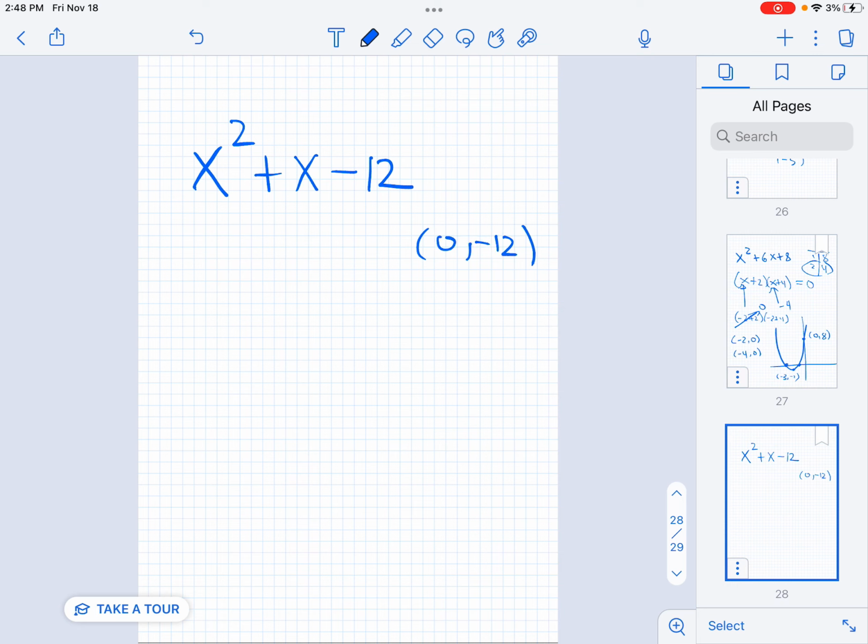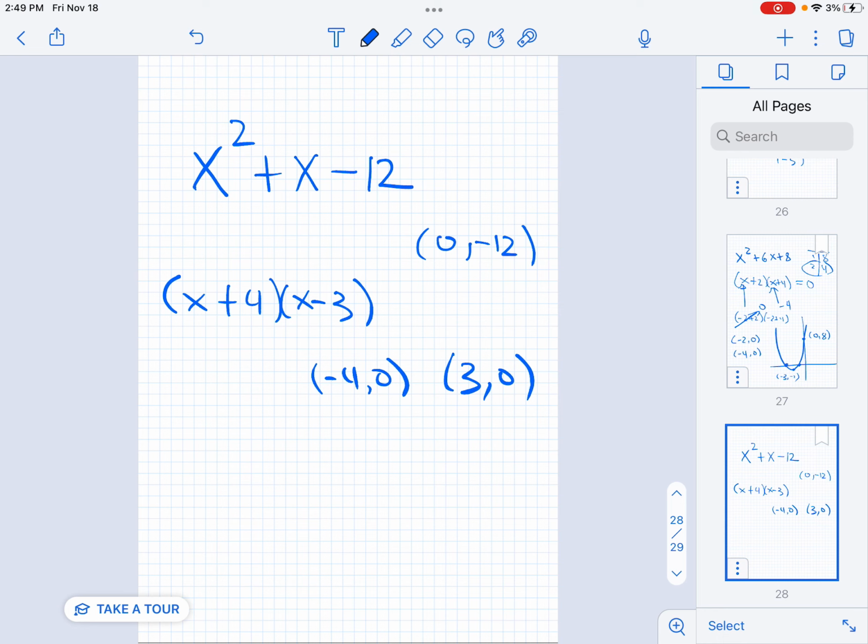Now let's factor this. I'll factor it for you. Factoring, x plus 4, x minus 3. Now that it's been factored, find the intercepts for that one. The intercepts on this one are going to be negative 4, 0, and 3, 0.